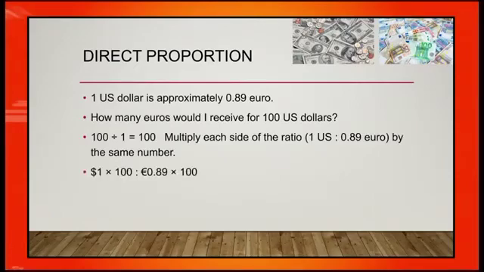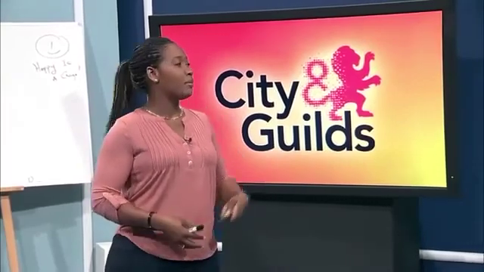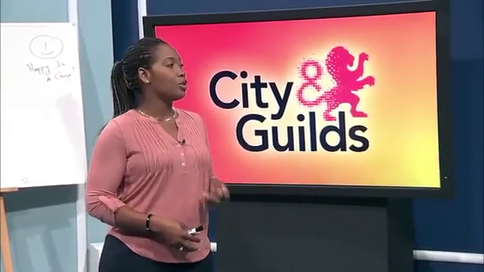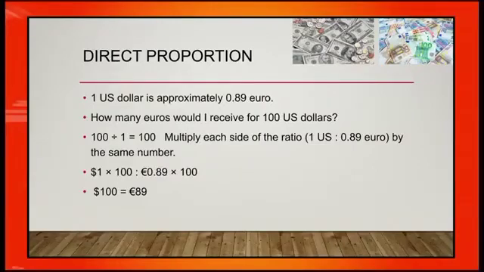And if I have 100, I would have increased my US dollars by 100 to get $100. So obviously I'm going to increase my euros by the same 100, giving me 100 US to 89 euros. Feel free to go back over the question if I went a little bit too fast for you.